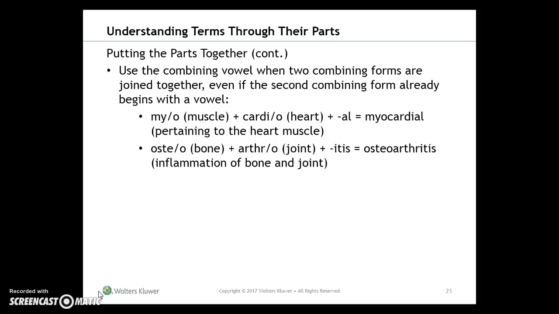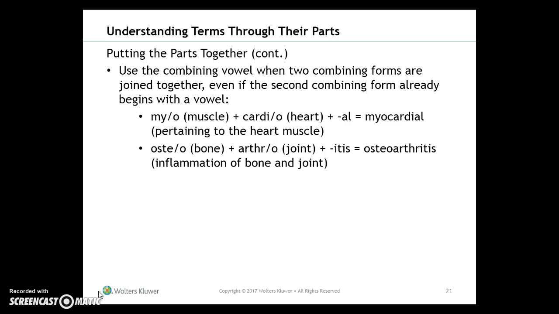When you have a combining vowel and the two combining forms are joined together, even if the second combining form already begins with a vowel, so we have myo for muscle, cardio for heart, and al for myocardial. So you use the combining O for the prefix, myo, and cardi for the word root, and al for the suffix.